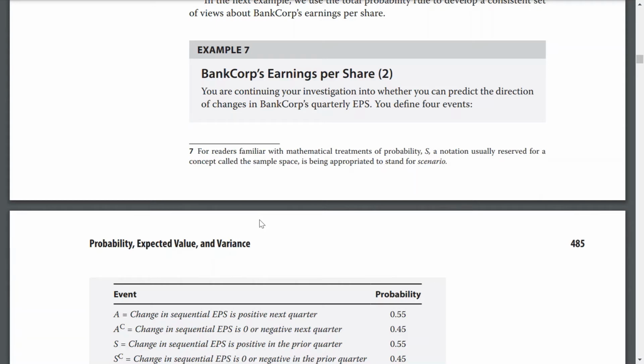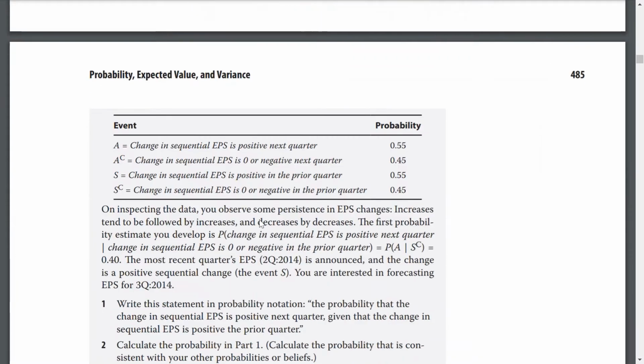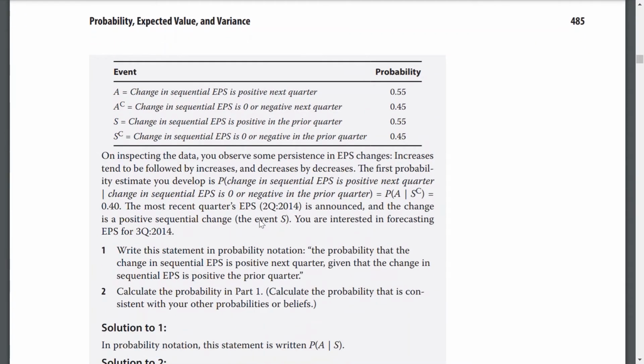You define 4 events. A is that the change in sequential EPS is positive next quarter. It has a probability of 0.55. A prime, or A^C, I'm going to say A prime because it's easier, means all values not equal to A: the change in sequential EPS is 0 or negative next quarter.